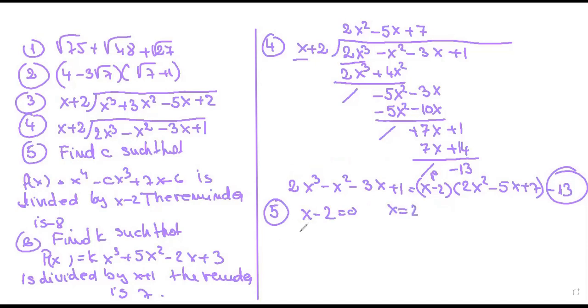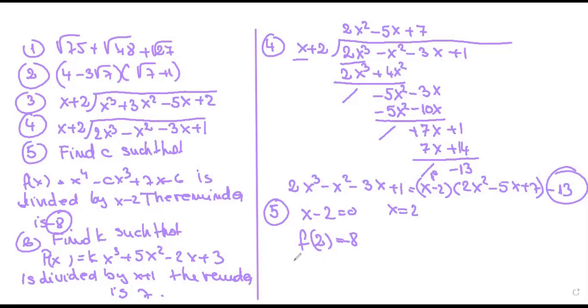If we replace in the initial polynomial function x with 2, we get the remainder. So we say f of 2 equal, the remainder is minus 8. Is the idea clear? Why are we doing this?